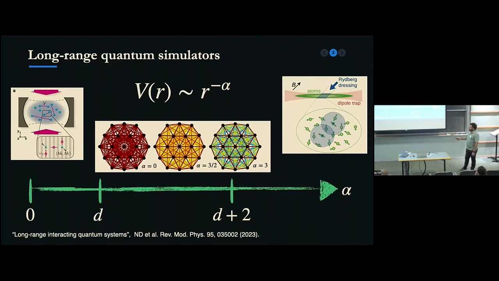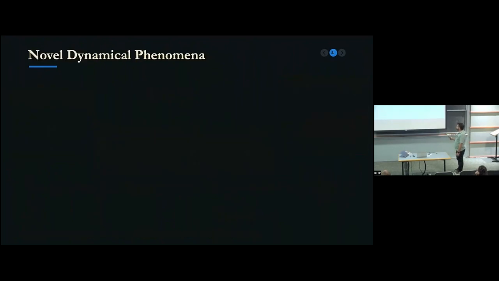And also when alpha is smaller than the dimension, for obvious reasons, this potential is not, the mean field energy is diverging, and you have to do some tricks to renormalize it. So you see there are different interesting situations. The focus of my talk will be mainly in this region, but we can also talk about the strong long range case if you're interested.